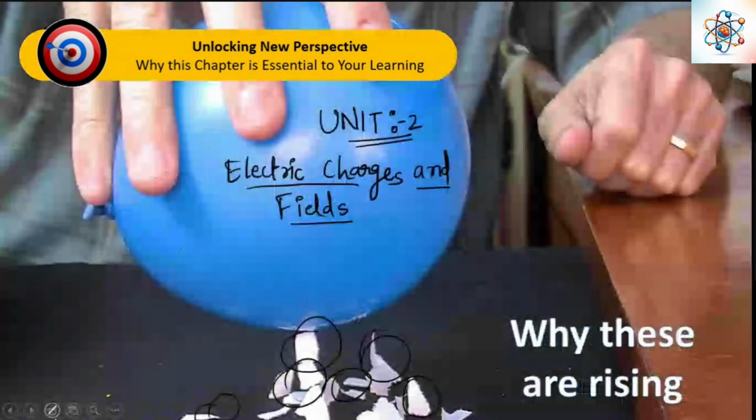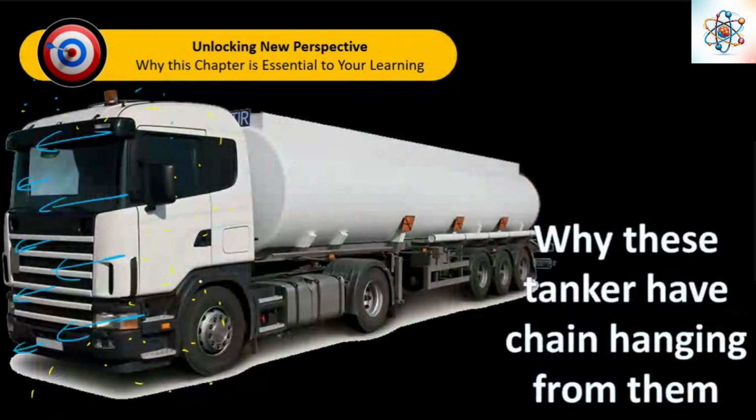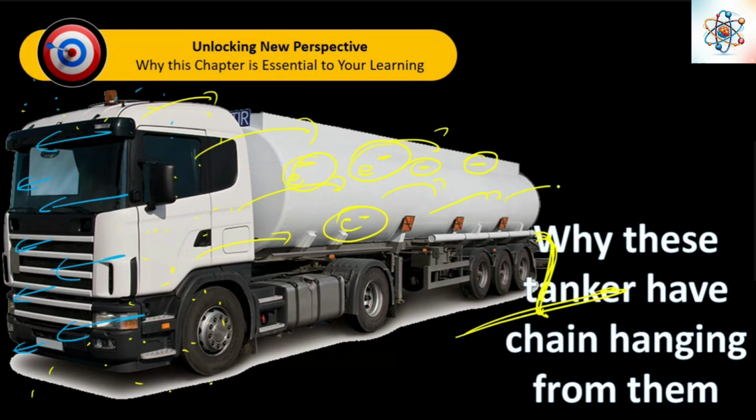So this negative charge keeps on accumulating on the surface of this truck, which makes it a little bit negative in nature, because it is somewhat attracting more electrons on its surface. So there is always a chain hanging from the truck, whose job is to transfer that charge from this truck to the earth so that no such disastrous condition happens.